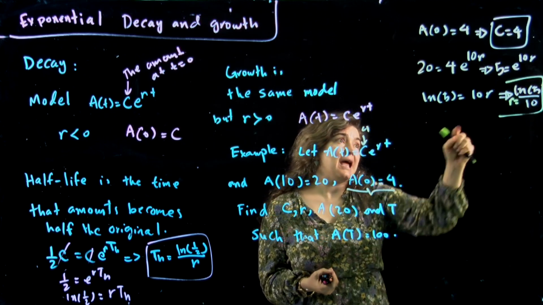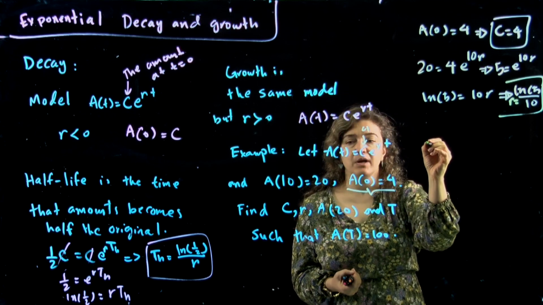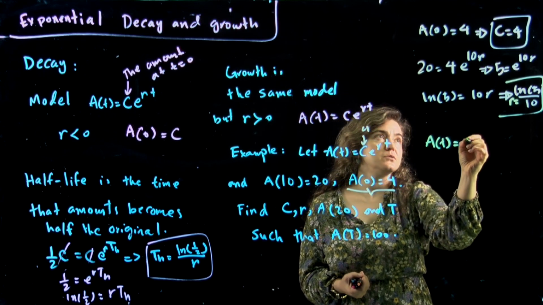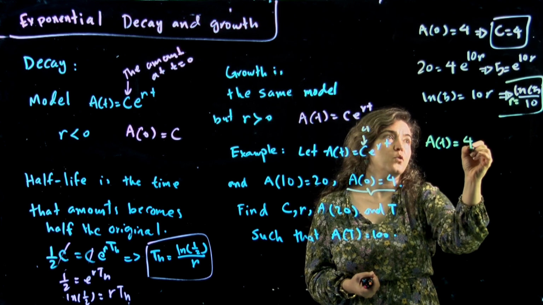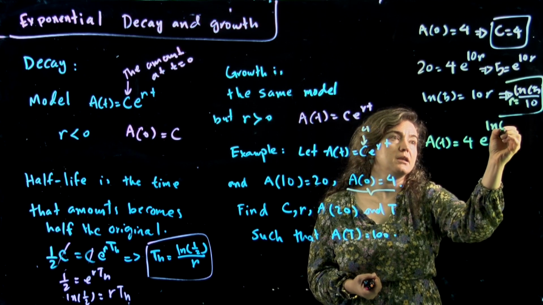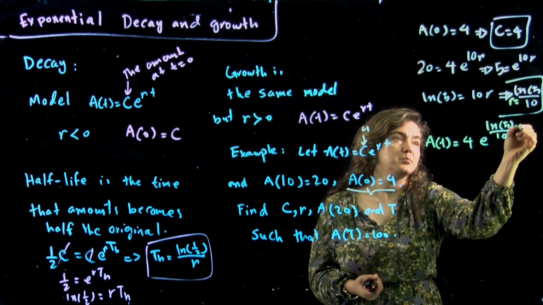Let's rewrite the model. Now that I have r and c, I'm writing a of t is equal to 4 e to the power ln of 5 divided by 10 times t.